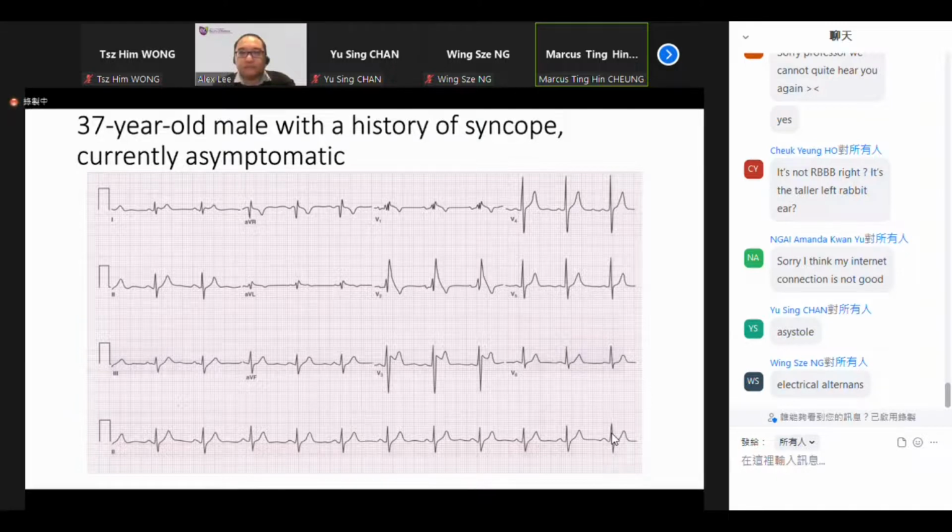You mentioned regular heart rate, so do you mean it's in sinus rhythm or not in sinus rhythm? Sinus rhythm. Okay. There's some abnormalities over V1 to V3.